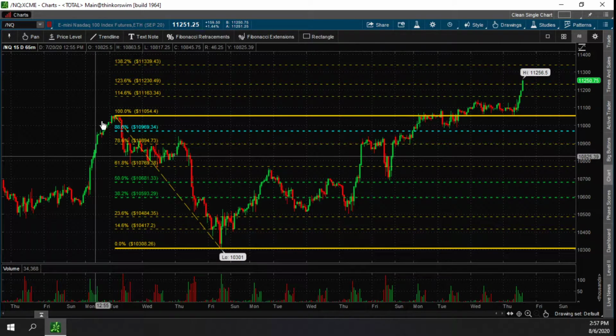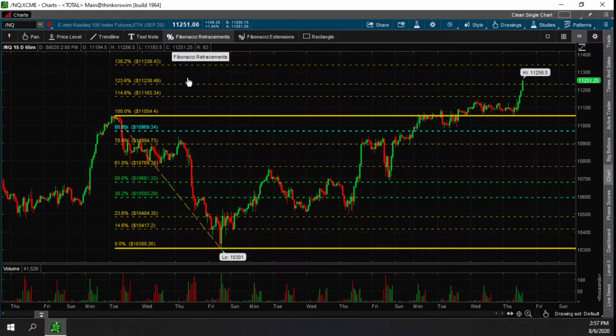The Fibonacci retracement is 2 points only, between prices. We picked this point here as our top and this point here as our bottom, and that is how this retracement got placed.